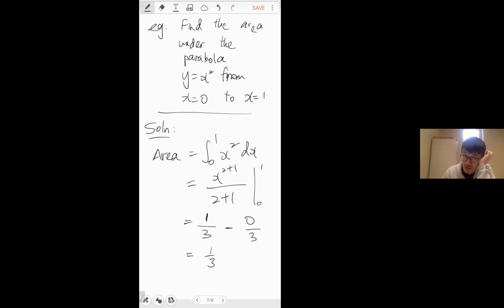What do you mean by since there's no negative? Yeah, so you get a c when you plug in 1. You get another c from plugging in 0. They cancel out each other, so there's no c at the end.